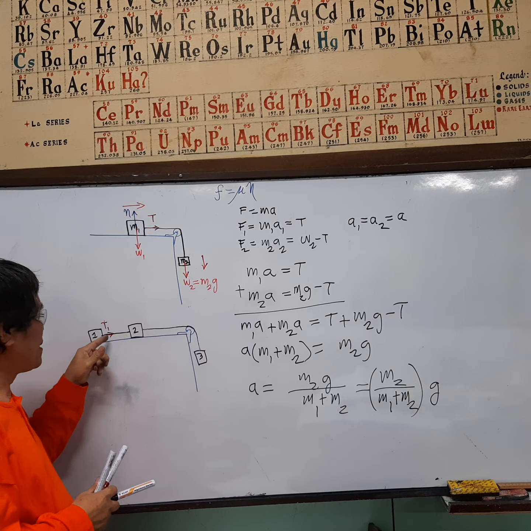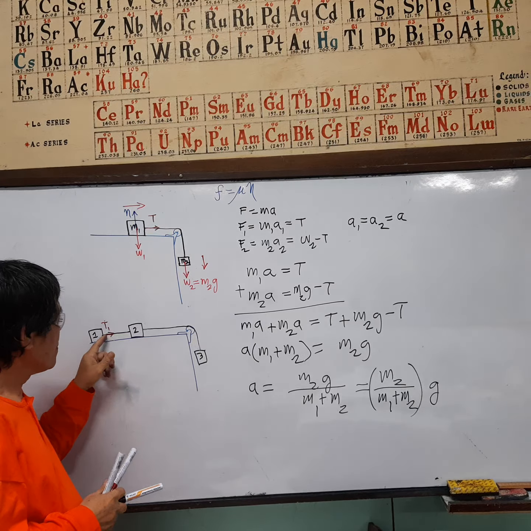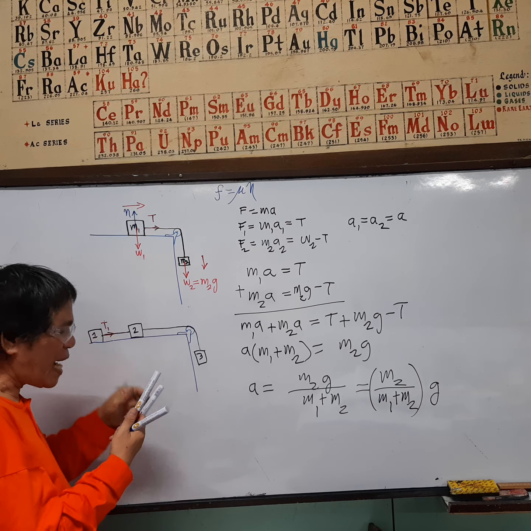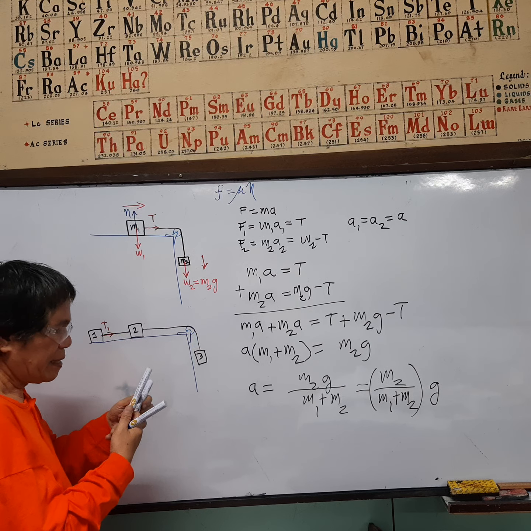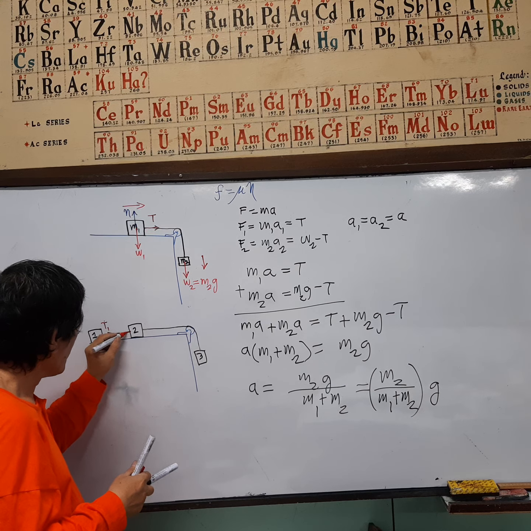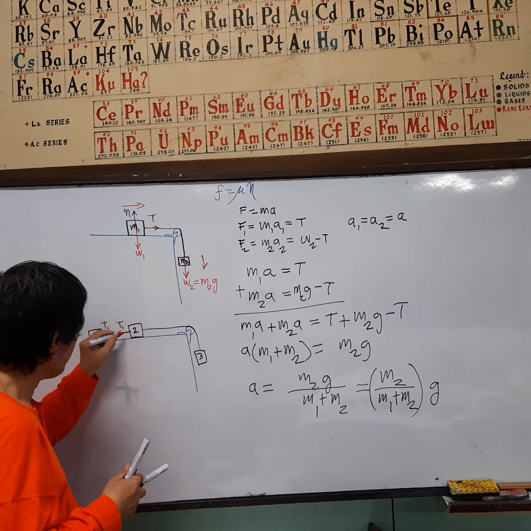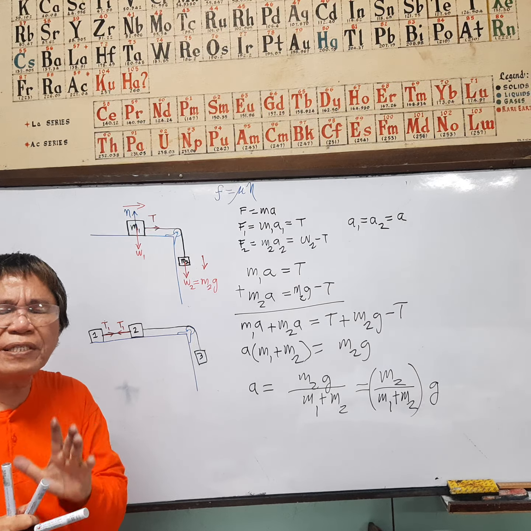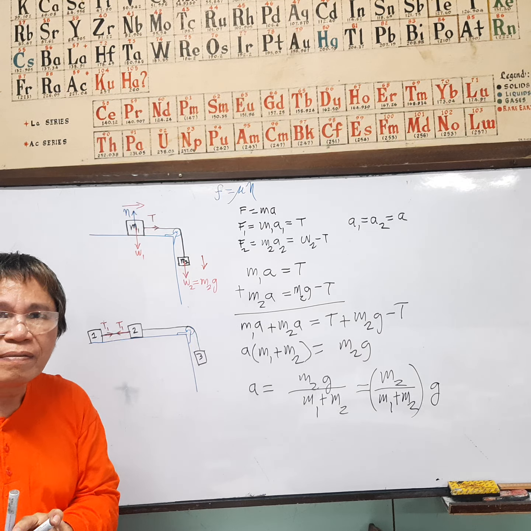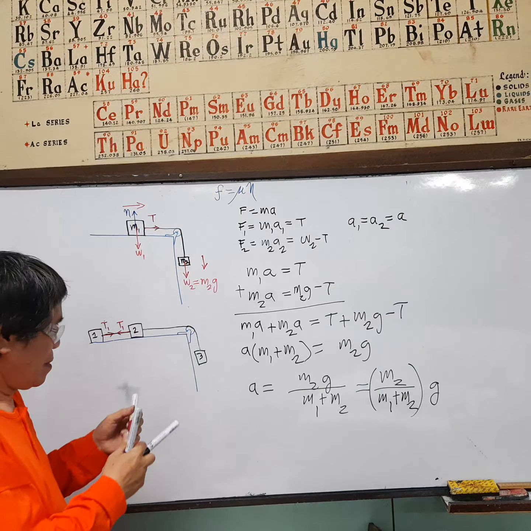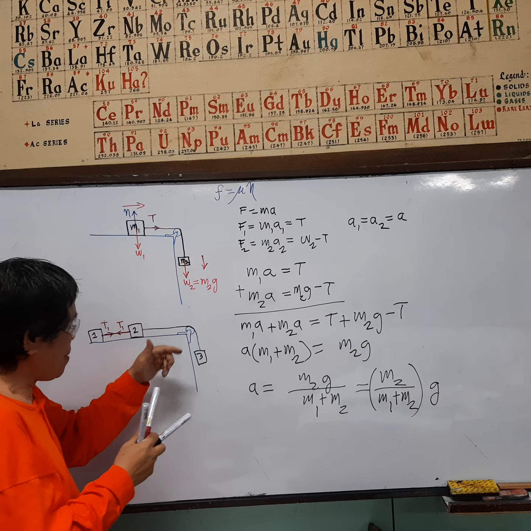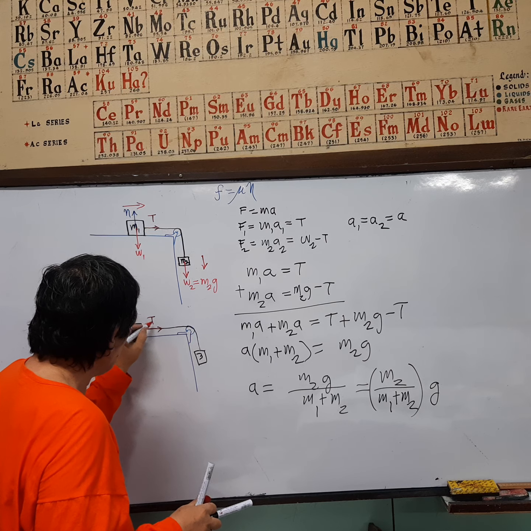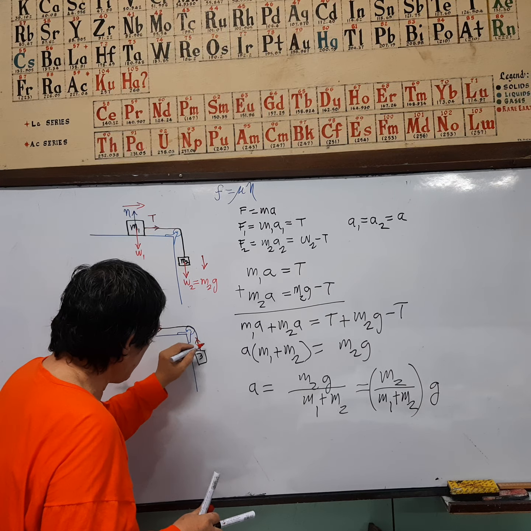This block is pulled by string number 1. Okay? This block 2 is also being acted on by string number 1. And so this is also tension number 1. Remember, tension is always directed away from the body. Okay? Then, string number 2. There is the tension coming from string number 2. Tension 2. There is this tension.